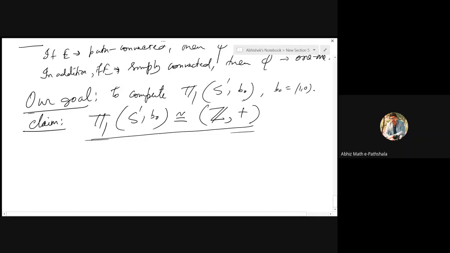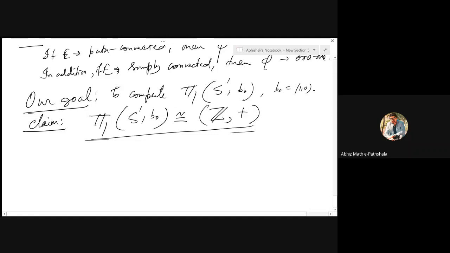So if you have two loops which wrap around a circle a different number of times, then they cannot be deformed continuously to each other, which indicates that the fundamental group of the circle based at B naught corresponds to an integer, that is, a number of revolutions, right?